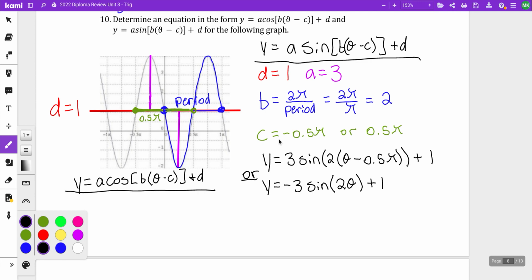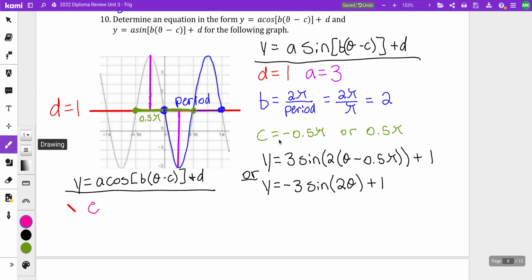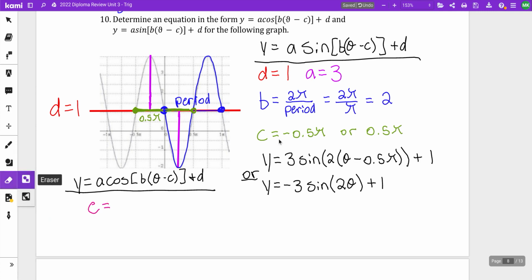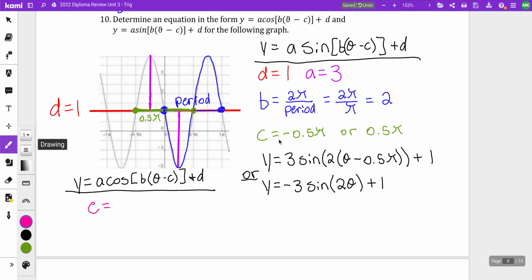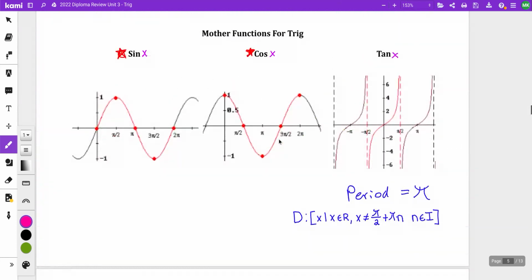A, B, and D are all the same, so don't worry about A, B, or D. The only one that's going to be different here is C. To know that, you have to remember where you started on a cos graph. Your mother function for a cos graph starts at the top and goes down, like this.